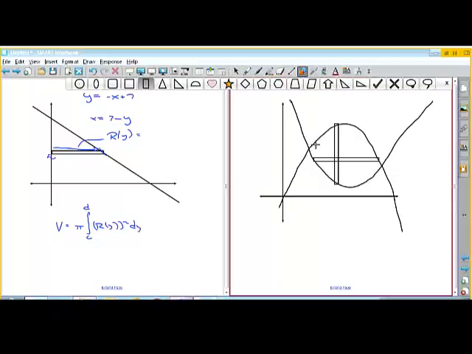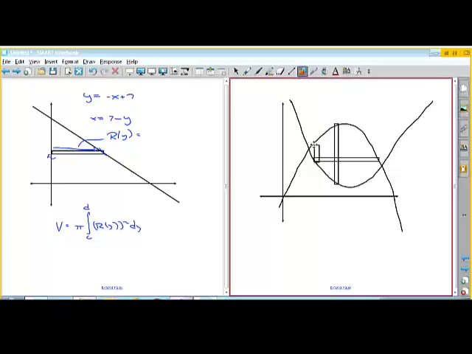In this case, as I move this rectangle, it gets smaller and smaller. As I move to the left, as I move to the right, the upper curve is always the same function, and the lower curve is always the same function, which is good.